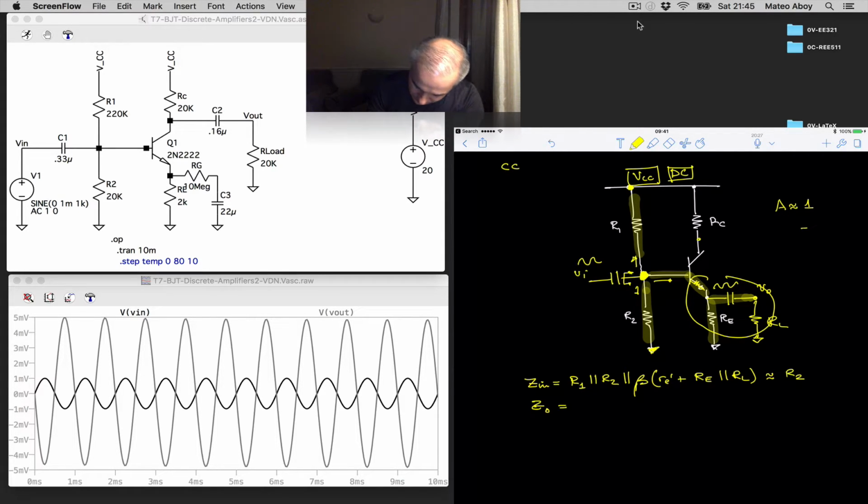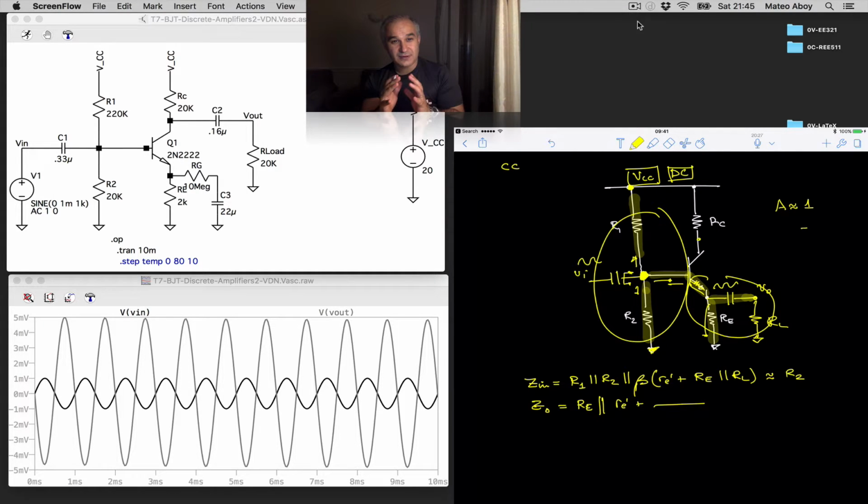So that is RE, this path here to ground, and we have this other path in parallel with RE prime plus the impedance in the base. And from the emitter, any resistance that you have in the base gets reduced by beta. R1 in parallel with R2 divided by beta. Again, from the base, any impedance that you have in the emitter is beta times larger. From the emitter, any impedance that you have in the base is beta times smaller.